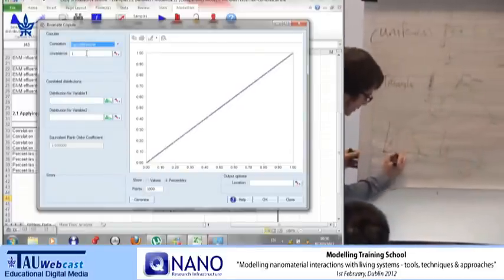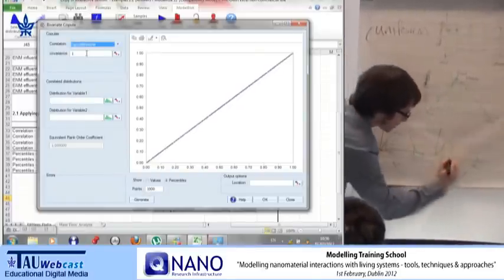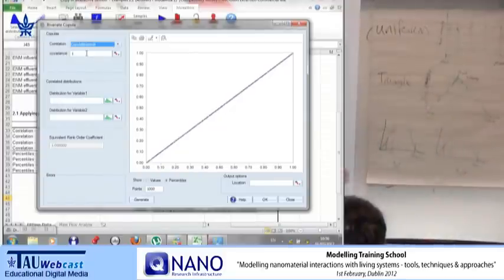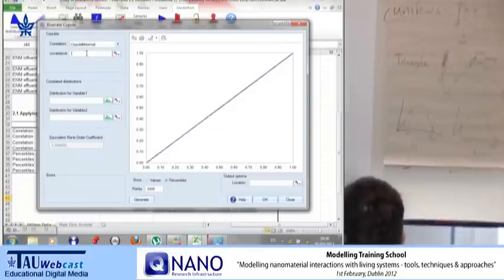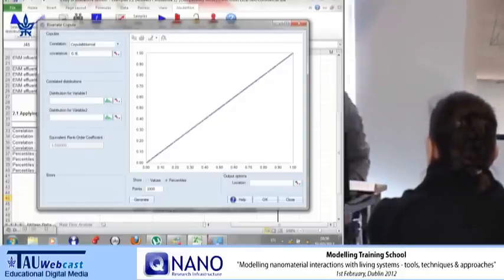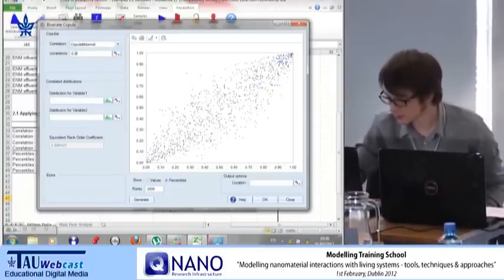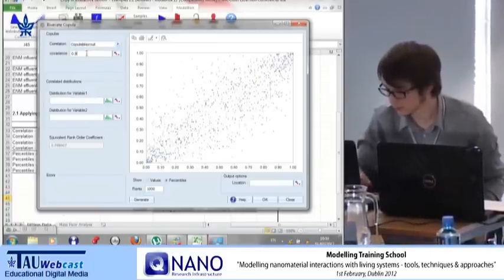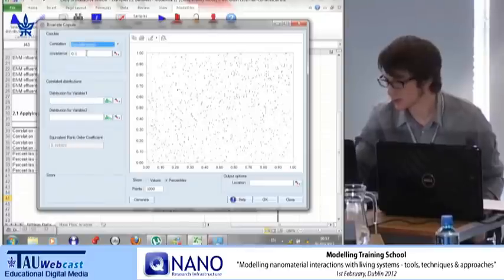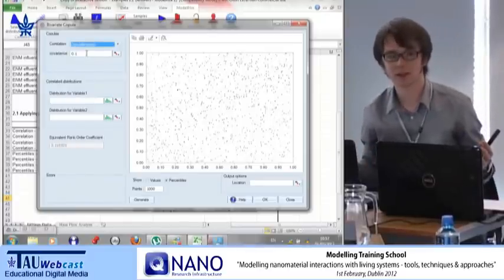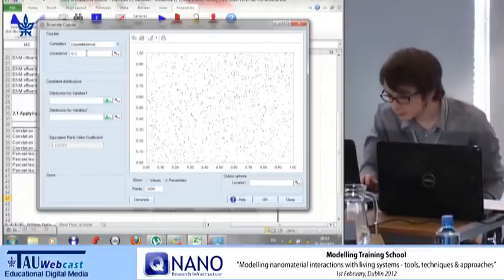When this samples from the 20th, this also samples from the 20th. So that's the correlation in how they take this data. And as the correlation coefficient reduces, there's more variability, down to where it looks completely random how they correlate.